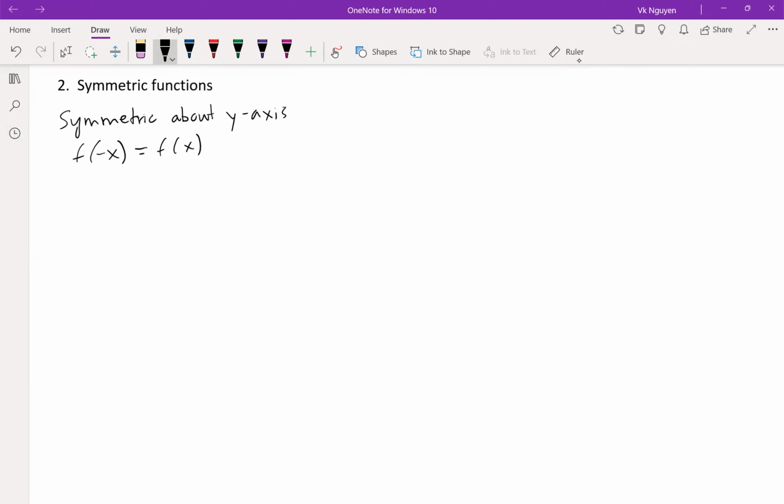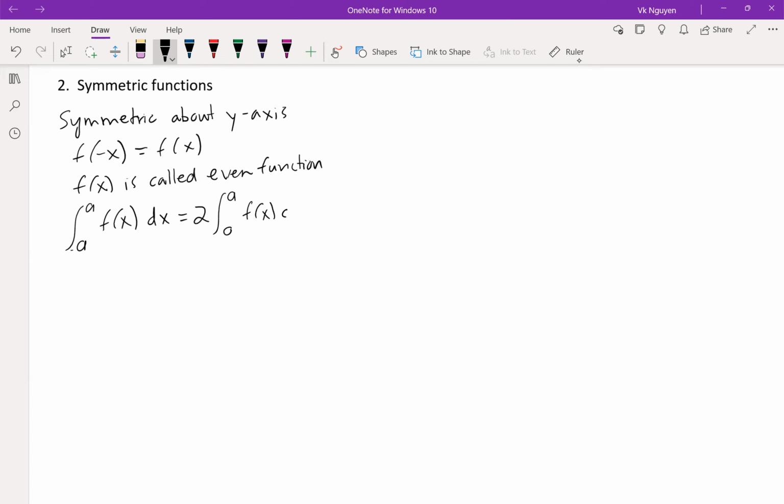Now we call this function an even function. What is so cool about this is that when we take the integral from -a to a of f of x dx, this is the same as 2 times the integral from 0 to a of f of x dx, because it is symmetric about the y-axis. Let's take a look at an example.